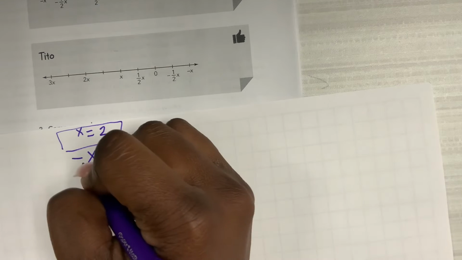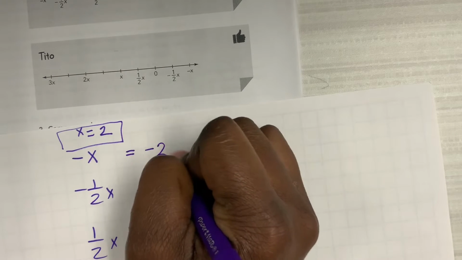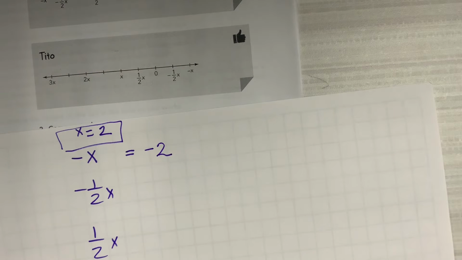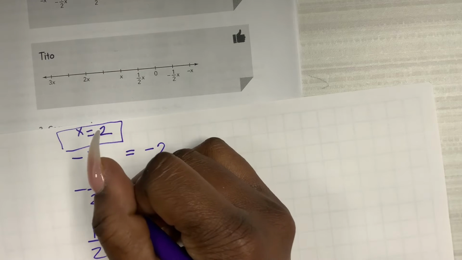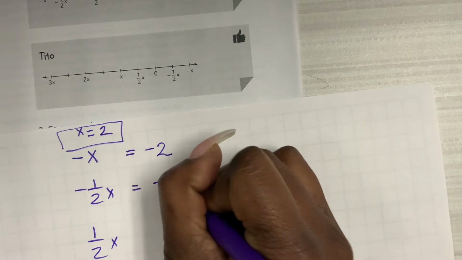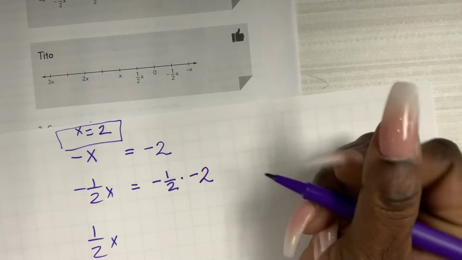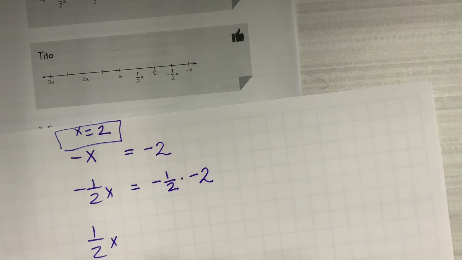So instead of writing negative x, I'm going to write negative 2, because that's what this expression means now. If you do the number 3, then you need to substitute 3. Now I want to do negative 1/2 times negative 2, because that's what this is saying. The half next to the x means I'm multiplying.